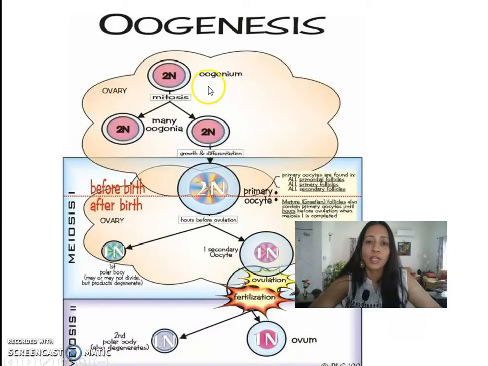As I've already told you, ovum development begins at the fetal stage when a couple of million oogonia are formed in the fetal ovary. These oogonia multiply by mitosis, and many such oogonia are formed. These oogonia are all diploid.